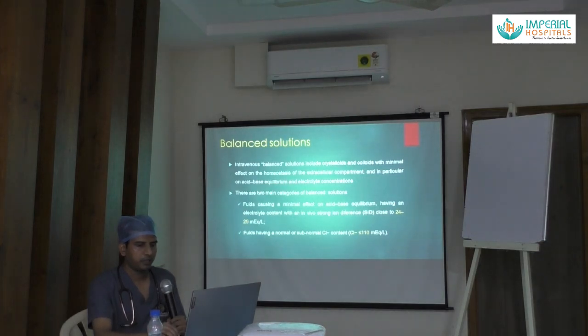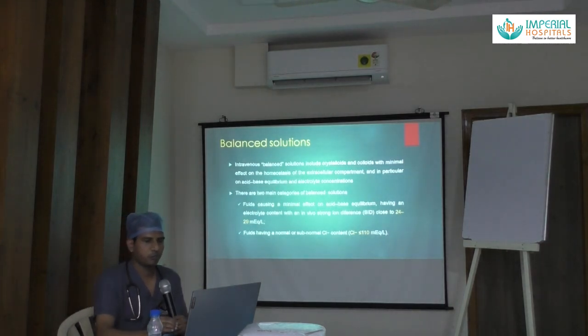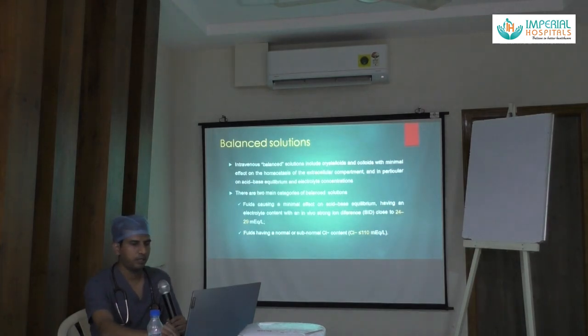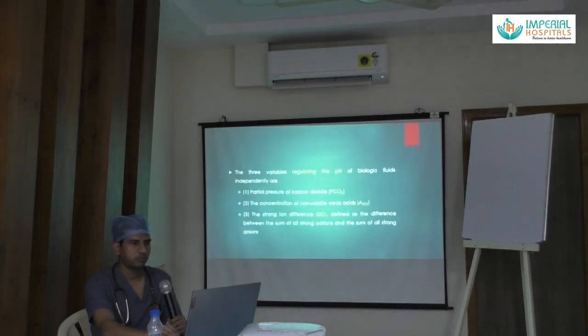There are two main categories in balanced solutions: fluids causing minimal effect on acid-base equilibrium have an electrolyte content with an in vivo strong ion difference of 24 to 29 milliequivalents, or fluids having a normal or subnormal chloride content. So balanced solutions are those which have a strong ion difference close to 24 to 29 milliequivalents per liter, or a normal or subnormal chloride content of less than 110 milliequivalents per liter. These are termed balanced solutions, which we use on a regular basis.